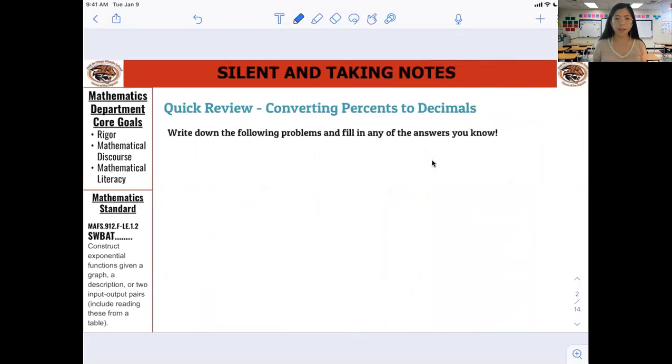We kind of did this at the end of class yesterday, but I do want to review it one more time because we're going to need to use it today, converting percents into decimals and back and forth. I'm not going to do as many examples as yesterday, but I'll just do a few. First thing is we're going to go from a decimal to a percent. I'll just do 3 examples. First one.